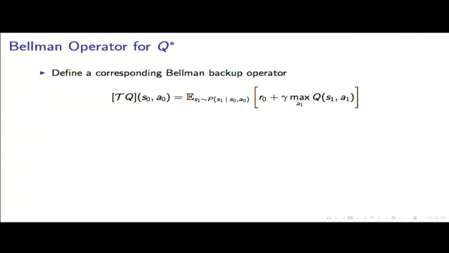If we think of that as an operator where we substitute our Q function into the right-hand side, that allows us to define an operator that acts on Q functions, which is called the Bellman backup operator. Q star is a fixed point of this operator. That's just a restatement of the Bellman equation for Q star.